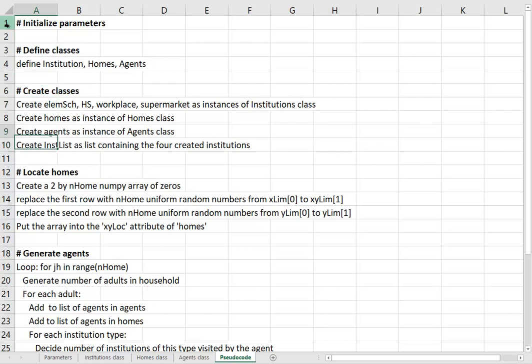As I said, you're going to create these 4 instances of institutions, 1 instance of homes class, 1 instance of agents class. Okay. And we're also going to create a list of institutions, which will simply be a list consisting of these 4 classes. Okay. So if you can get this far at the beginning, that will be good. Once we get there, then we can go on to the next step.